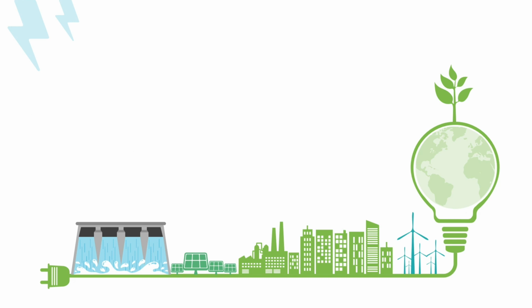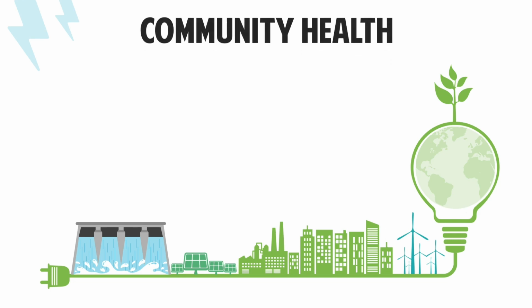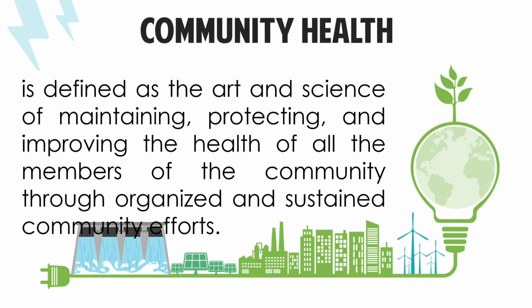In this part, let's differentiate community health and environmental health. Community health is defined as the art and science of maintaining, protecting, and improving the health of all the members of the community through organized and sustained community efforts.